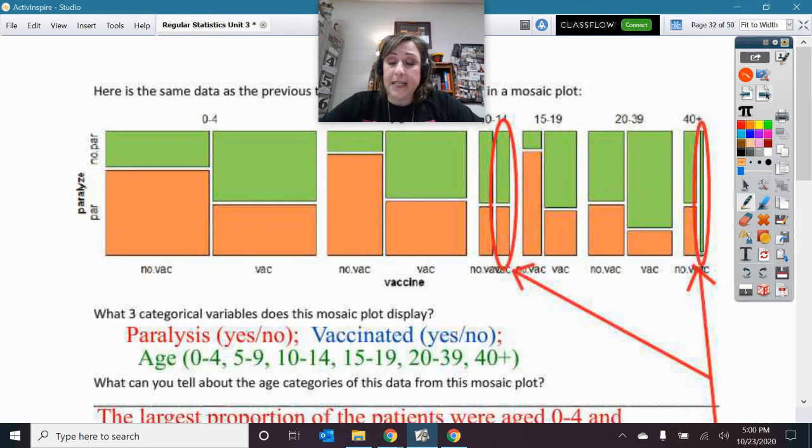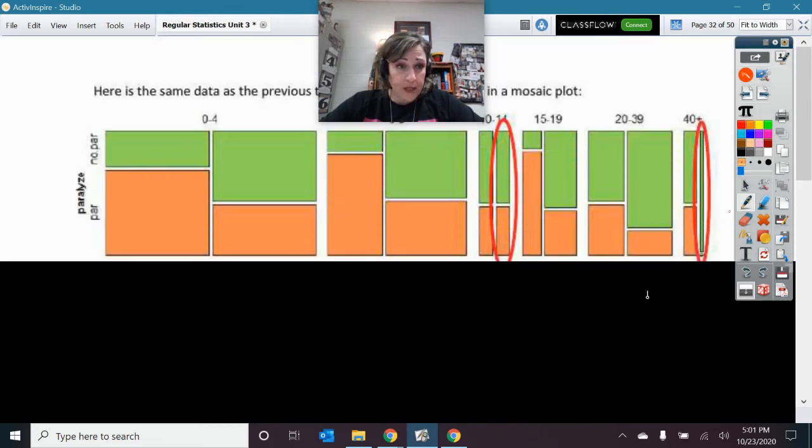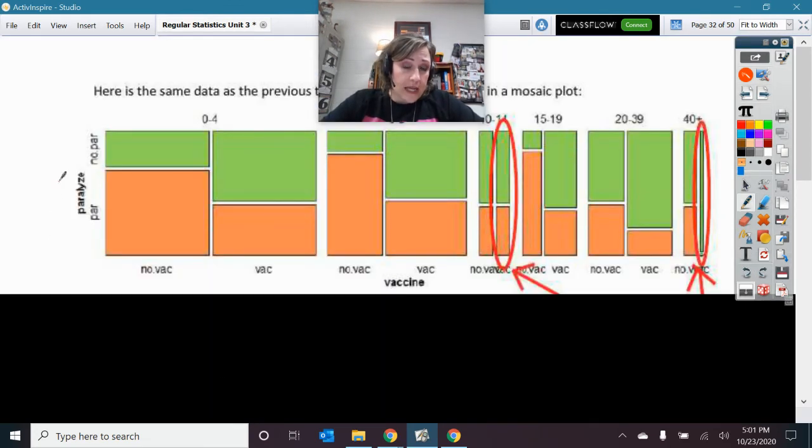This is the same data, but in a mosaic plot. So let's examine. What three categorical variables does this one graph display? I can see the orange and the green are representing paralyzed or not paralyzed. I can see that the width of this is representing vaccinated and not vaccinated.